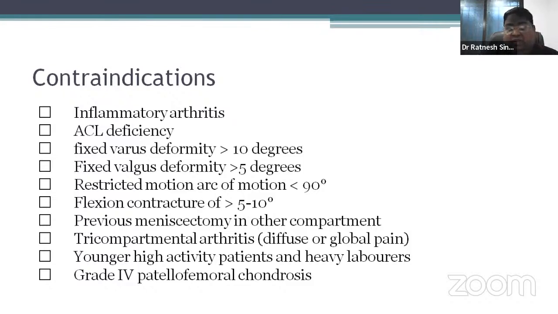These are the absolute contraindications. Although in grade 4 patellofemoral chondrosis we can do the patellofemoral compartment replacement, if you are doing only the unicompartment for the medial compartment, then it is contraindicated.